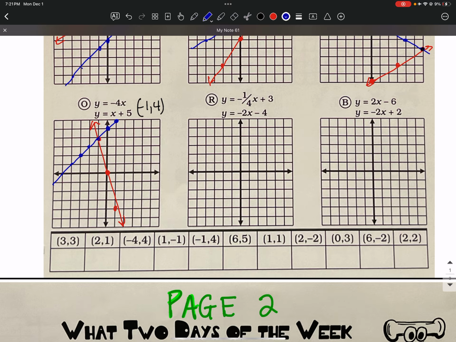This one, let's see, starts off at 3, goes down 1 over 4, which means in the past it was there. This one, negative 4, down 2 every day. Okay, which means in the past it was 2 higher. This one hits right there at negative 4, positive 4.